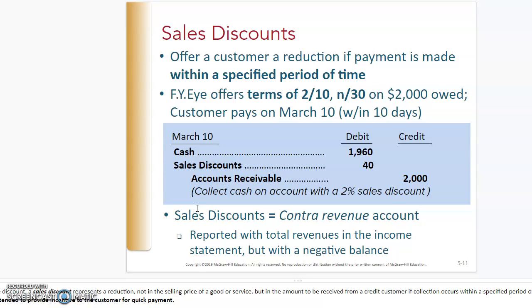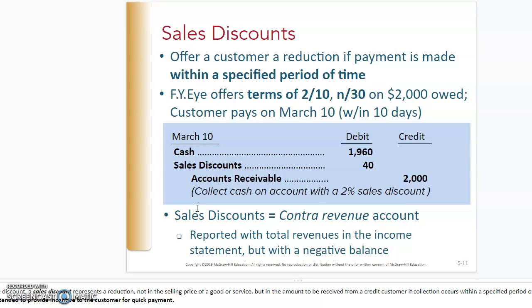Sales discount on the seller's books, on the company's books, is also an expense. Okay, so it's treated the same way as sales returns and sales allowances. Okay, the company receives the cash, the 98% after the 2% is deducted.